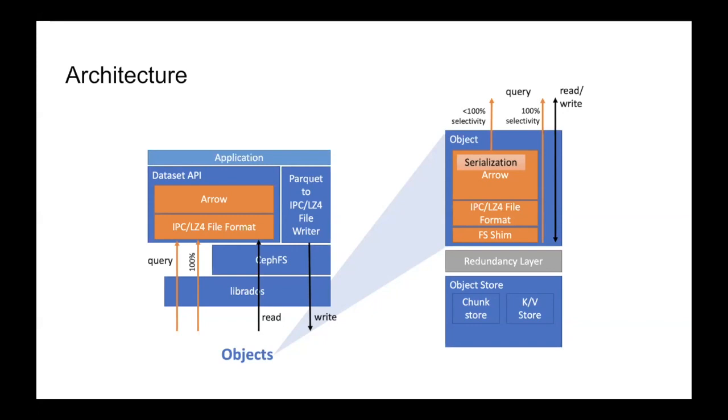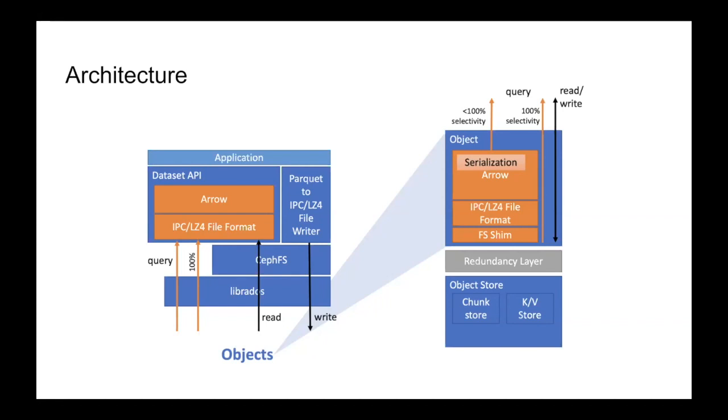When we tell Skyhook to go and scan this file, internally it uses file system metadata and translates a file name to an object ID. Then once it gets the object ID, it invokes the embedded function on that object ID, and that embedded function has the query logic inside it.